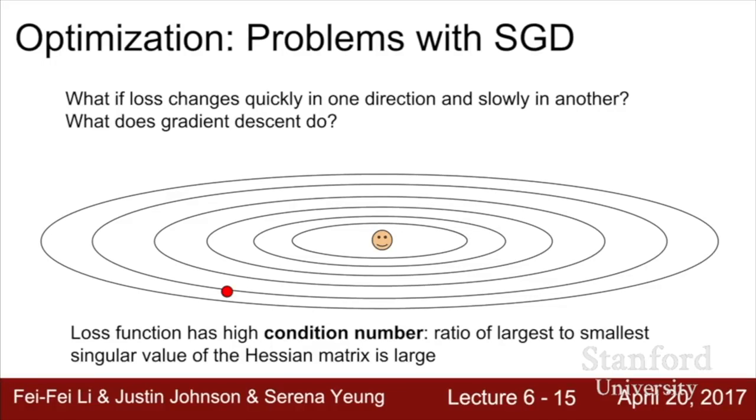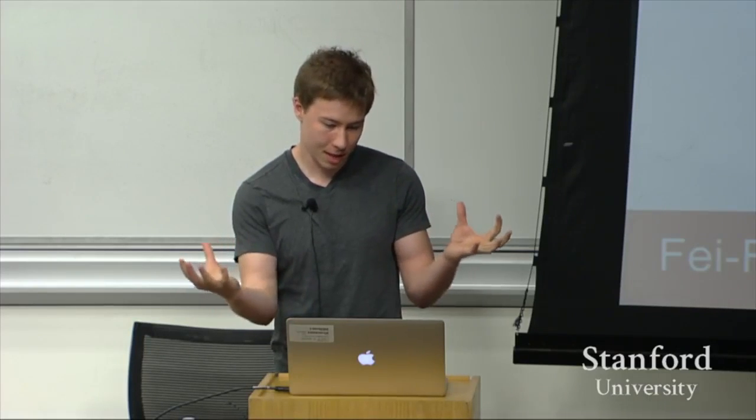As we go up and down in this landscape, our loss is very sensitive to changes in the vertical direction. By the way, this is referred to as the loss having a bad condition number at this point, which is the ratio between the largest and smallest singular values of the Hessian matrix at that point. But the intuitive idea is that the loss landscape looks like a taco shell, very sensitive in one direction, not sensitive in the other direction.